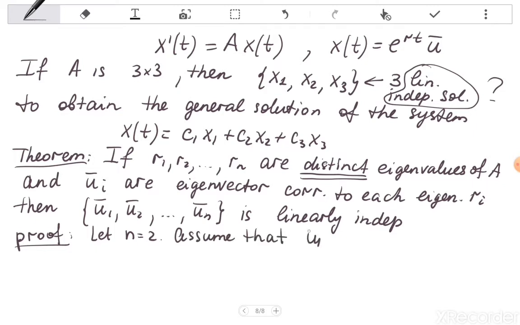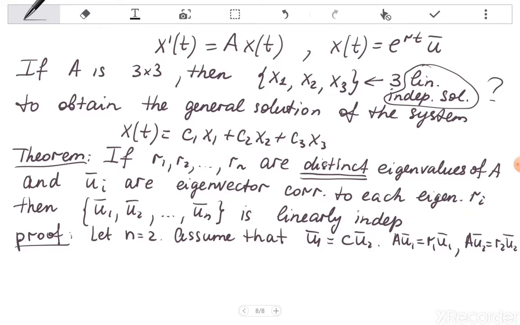It means that one vector is a constant times another vector. And we also know about these vectors that they satisfy A u1 is the corresponding eigenvalue times u1, and A u2 is the corresponding eigenvalue times u2.